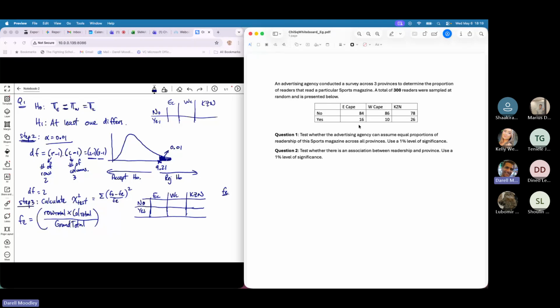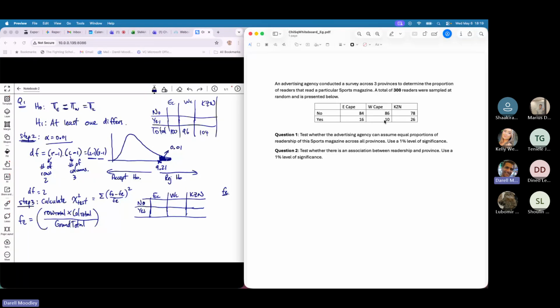If you add up the values going down, for instance Eastern Cape, 84 and 16, you get 100. Same thing with Western Cape: 86 and 10 gives 96. And lastly, for KZN, you get 104.